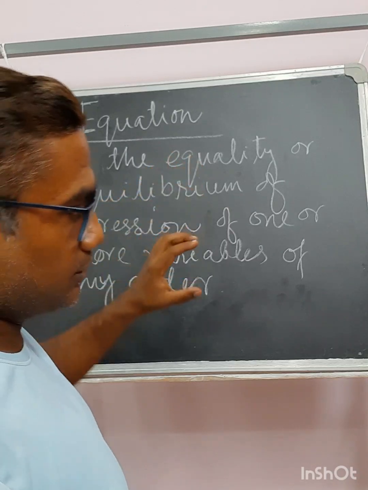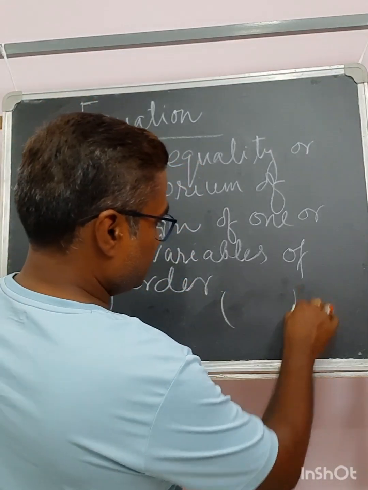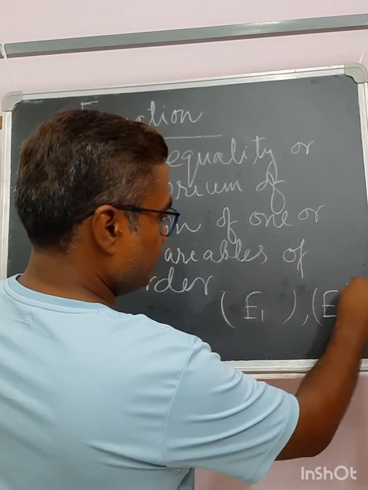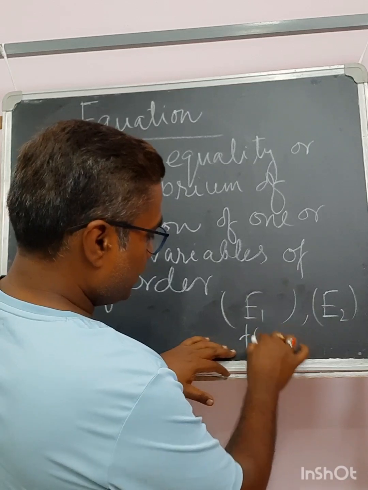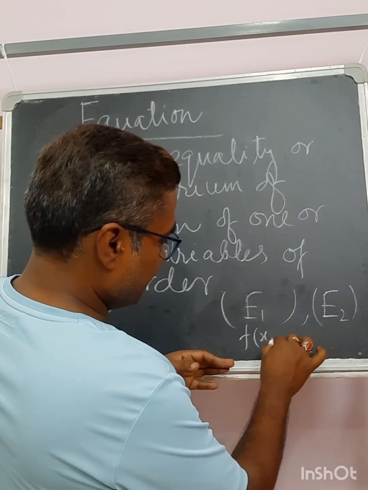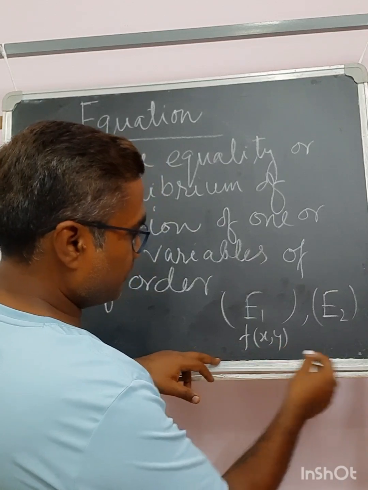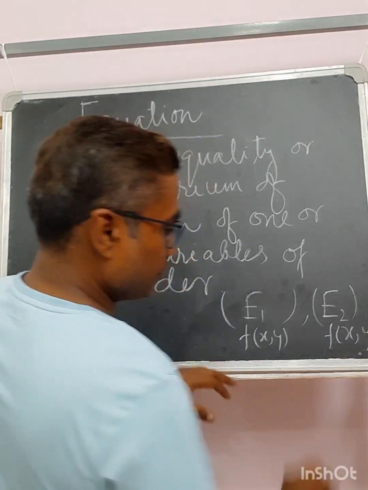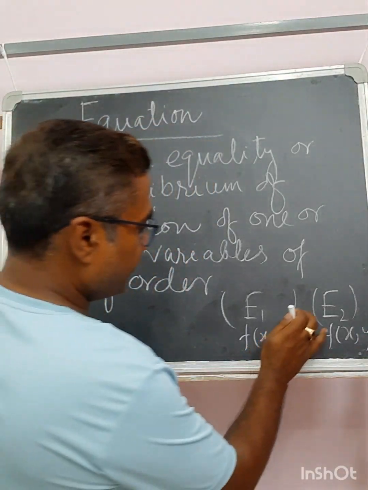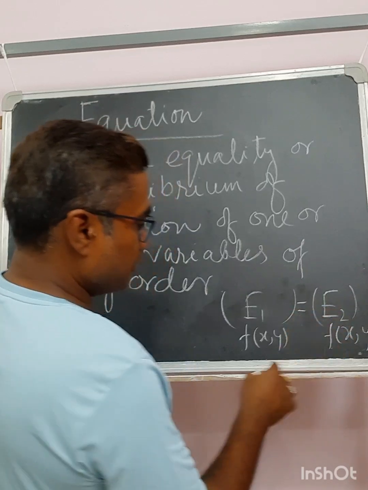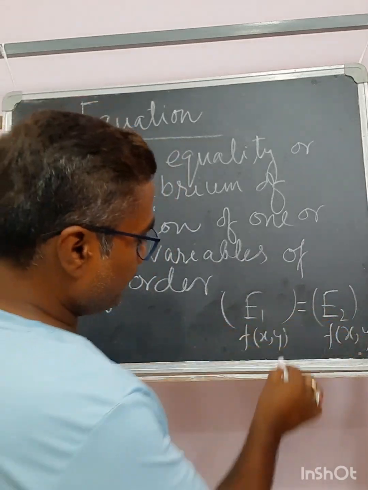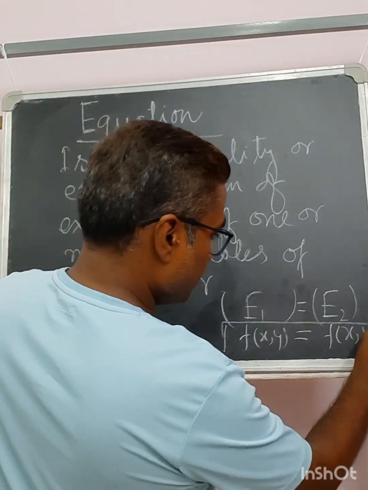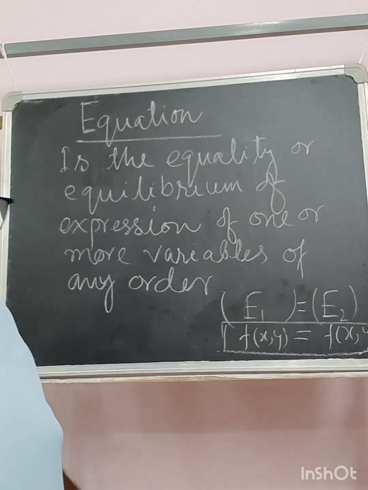If there are two expressions E1 and E2, they may be functions of one or more variables. Let's say I am taking two variables, so E1 is a function of x and y, and E2 is also a function of x and y. If I can put an equal sign between E1 and E2, then this is called an equation. Understood?